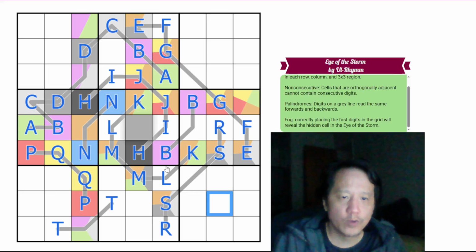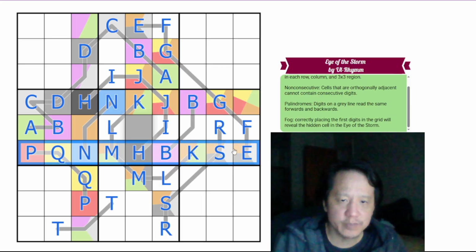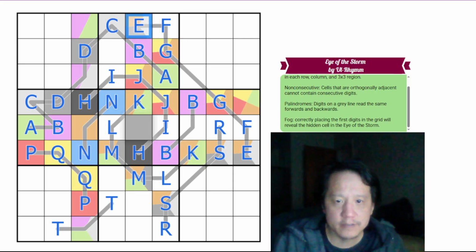Okay, so where is light in row 6? It must be S or E. E cannot be light because of the C there. So where's light in row 6? It must be S. So this is light, which makes this light here.